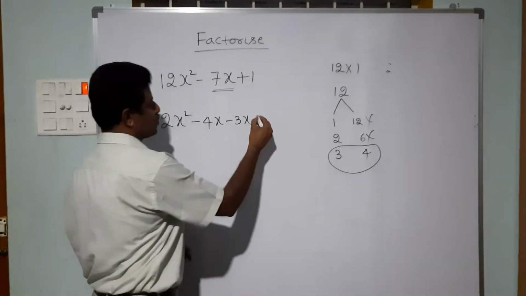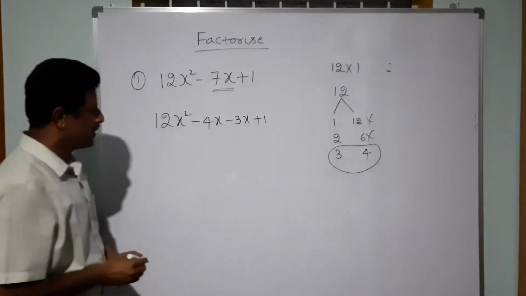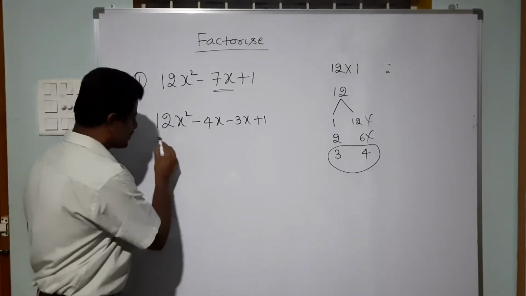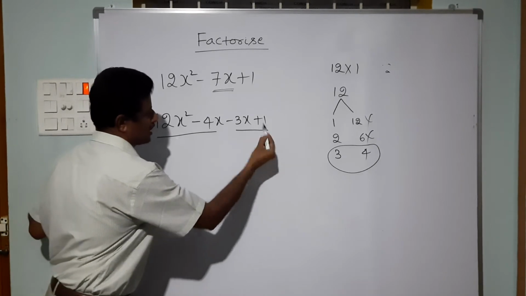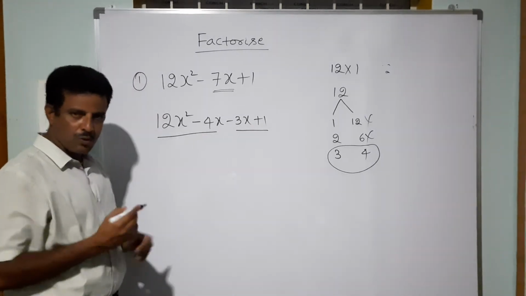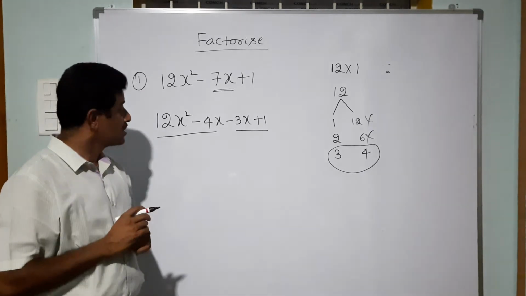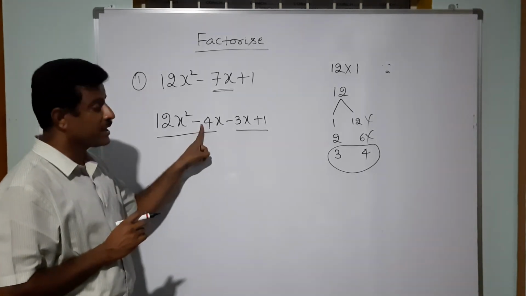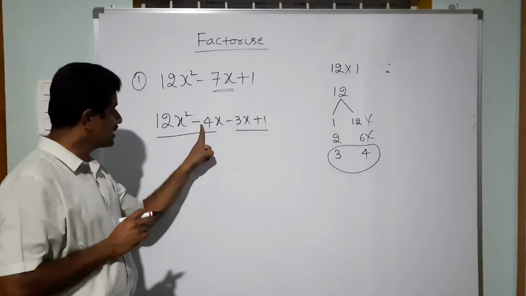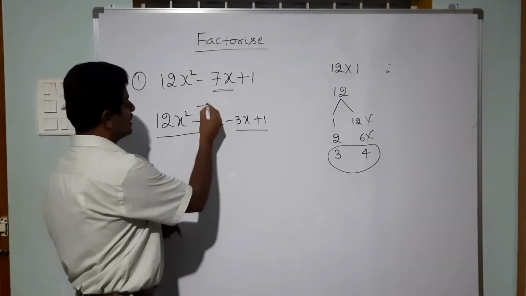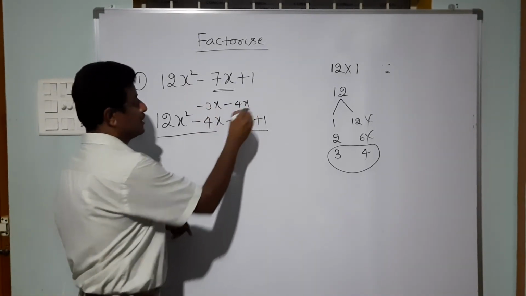Next, group two terms: first two terms, next two terms. So one condition, one question arises. Sir, why do you take 4x here and 3x here? Some people say, sir, -3x, you write -4x.